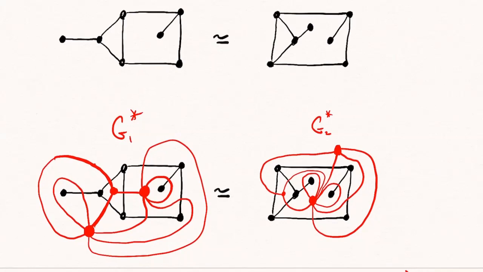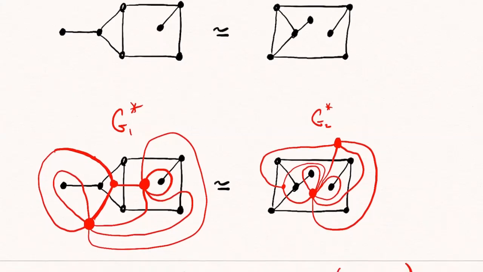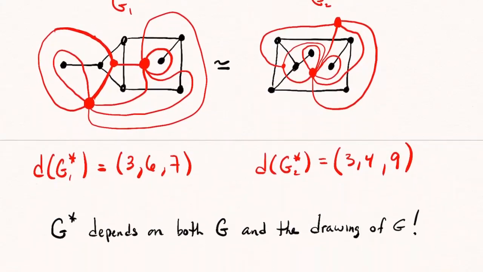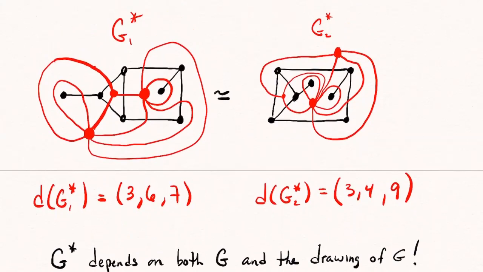Now, this isn't at all obvious, I don't think, but those two dual graphs, G1 star and G2 star, are not isomorphic. I'm going to let you stop the video and check this out. But if you look at their degree sequences, the graph G1 star has a vertex of degree 3. It has a vertex of degree 6. I think it's this one down here.